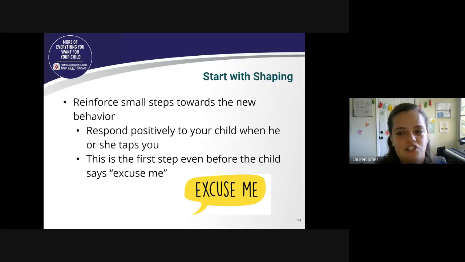Respond positively to your child when he or she taps you. That's the first step. Then, as we continue to shape the behavior and work on steps closer and closer to what we're looking for, we can teach them to say, "Excuse me." But we have to start somewhere small. So if you start with the little steps and build it up, eventually you will see the behavior that you're looking for.